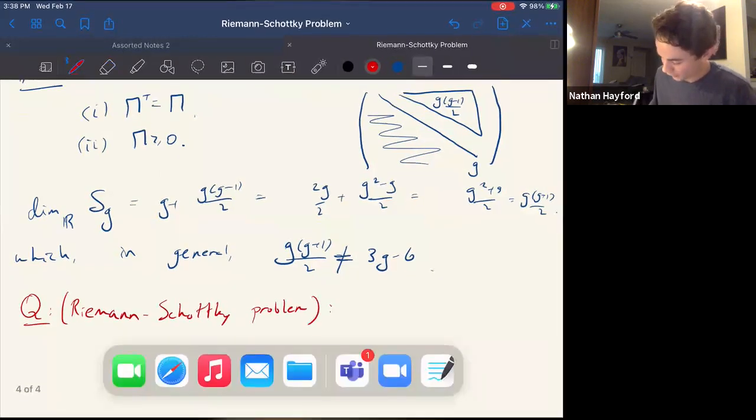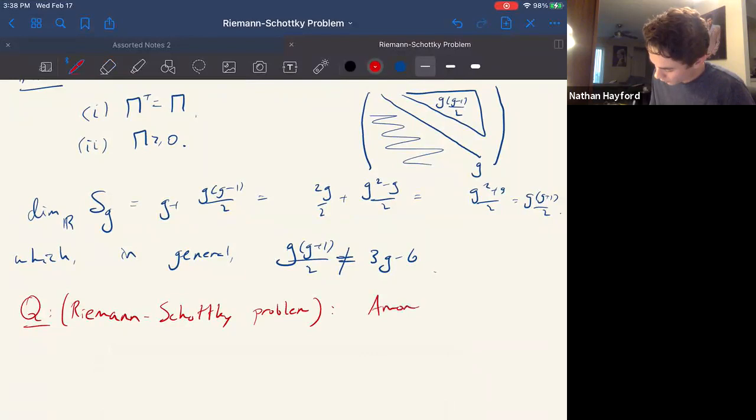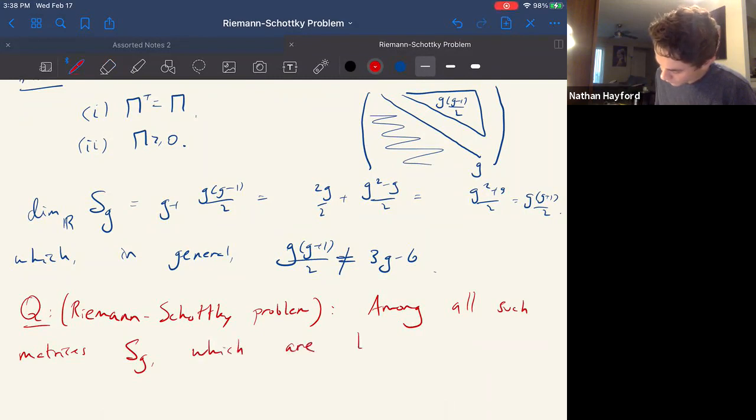Finally, among all such matrices, SG, which are the period matrices of G-connected domains.